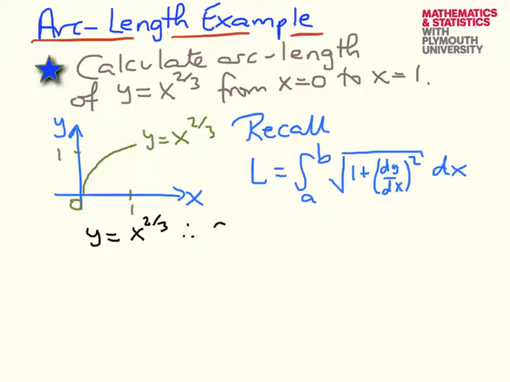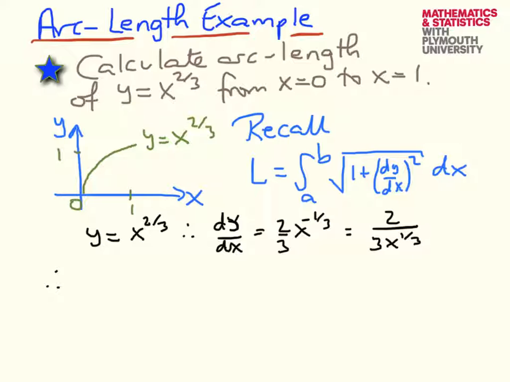And that tells us that dy dx is 2/3 x to the minus 1/3, which means 2 over 3 x to the 1/3.